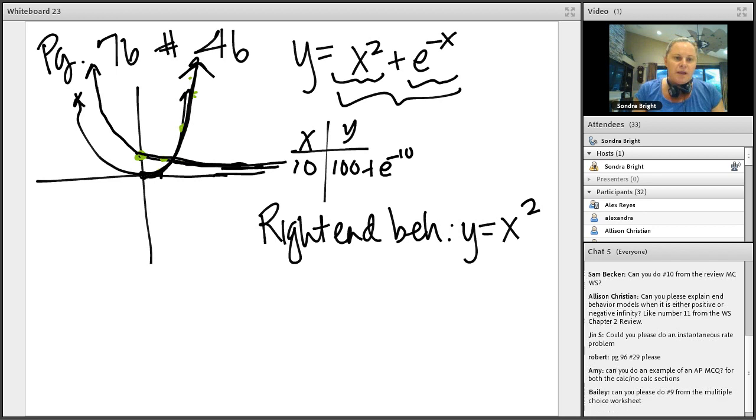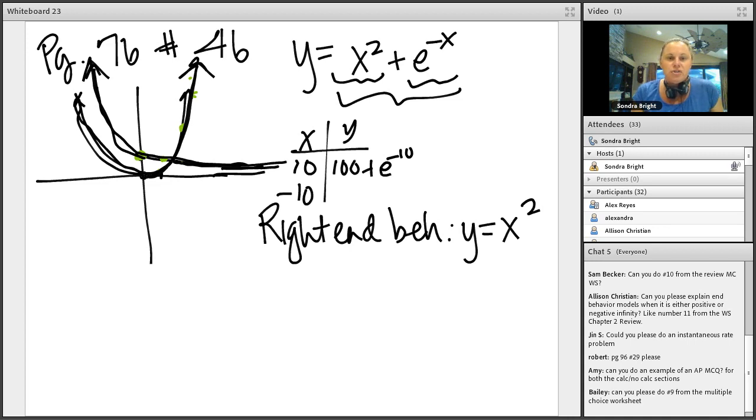The left one, we're going to study this more this year, but an exponential function is going to grow much faster than a squared function, right? So if you look at, I don't know, let's go with negative 10.